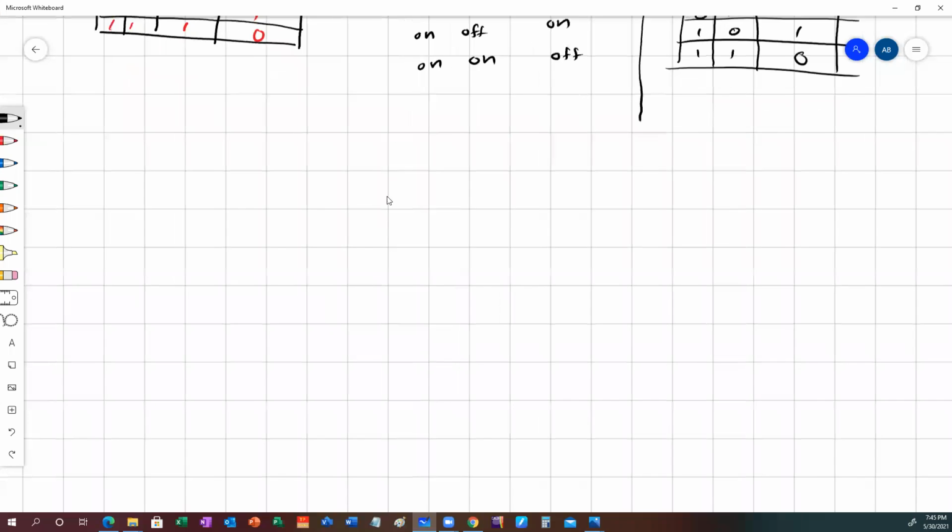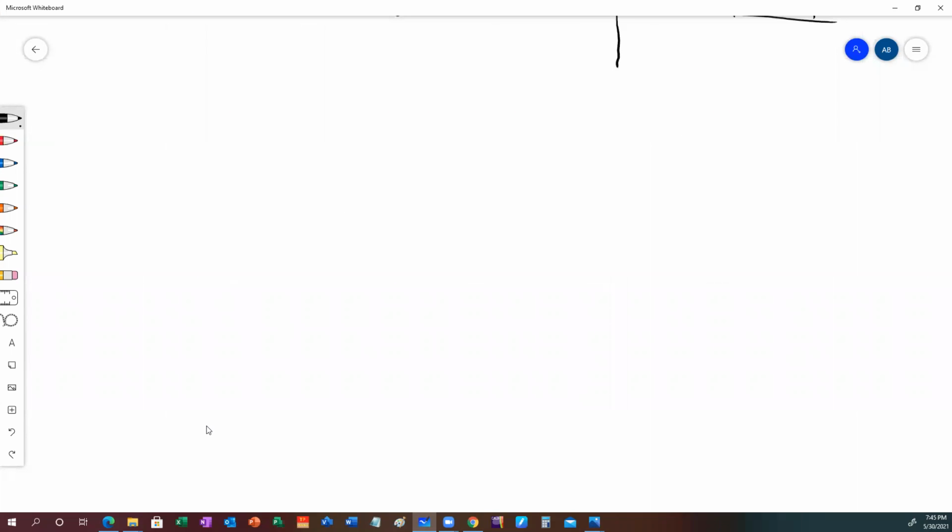Right, next one means now you have completed the logic diagrams, 3 basic gates and the 2 combinational gates. And now we are going to do this. Let's do this.